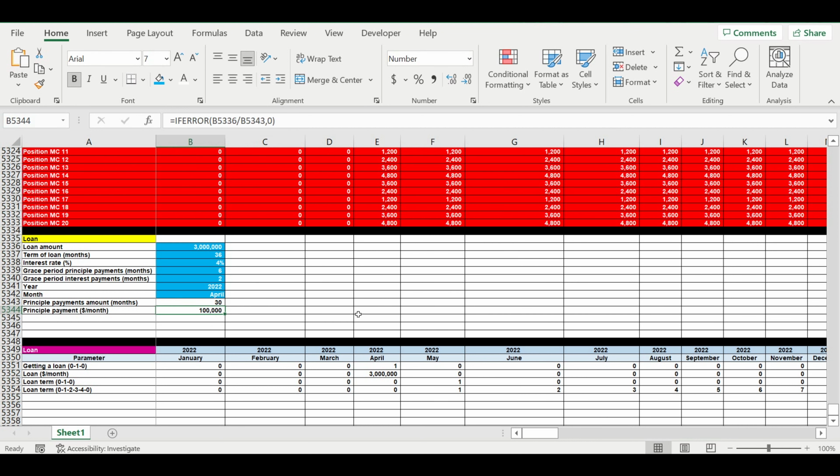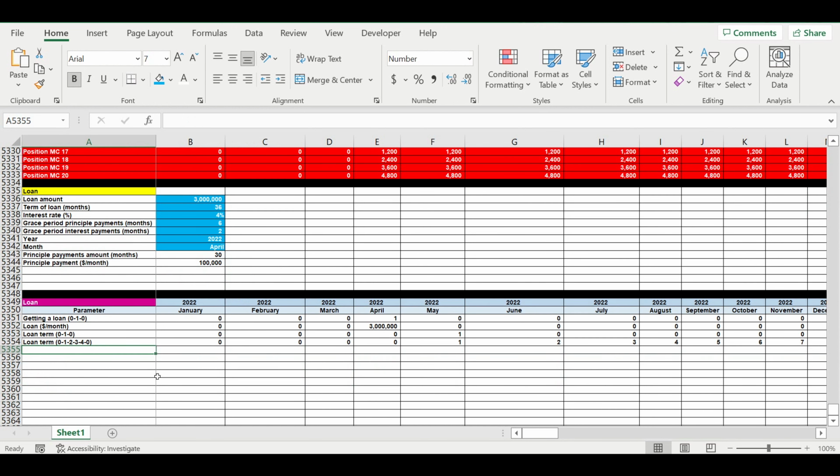So, and we are starting, so principal payments, dollar per month. So what will be the formula?